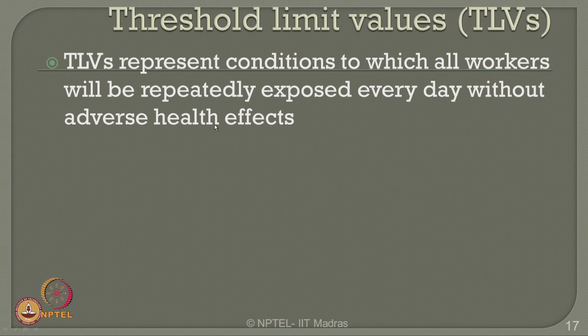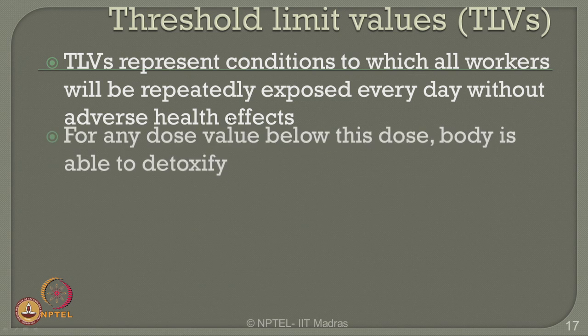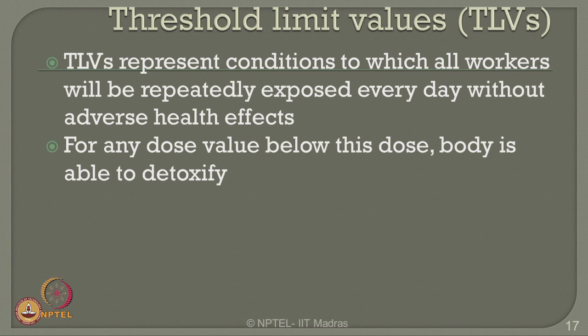So, it is the consequence of the dose on the human body, which is one of the safety regulations imposed by OSHA. Therefore, for any dose value below this dosage, the body is able to detoxify. It means for a given chemical, if a human being or a biological organism is exposed to a value lower than the TLV, then it is understood that the body can detoxify it and it will not cause any irreversible damage to the body.